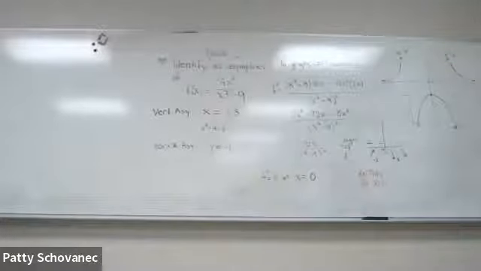Let's look at the limit as x goes to plus infinity. And the function is 2x divided by the square root of x squared plus 4.